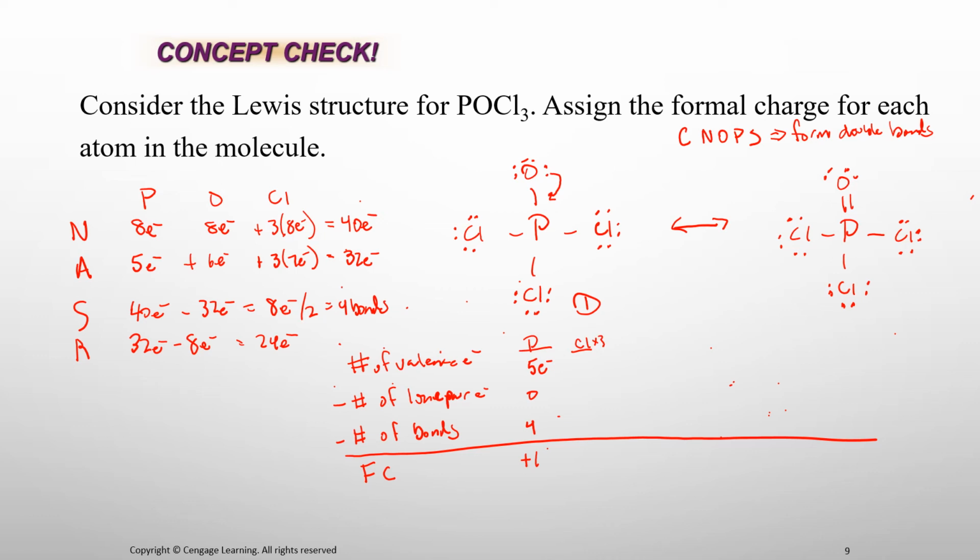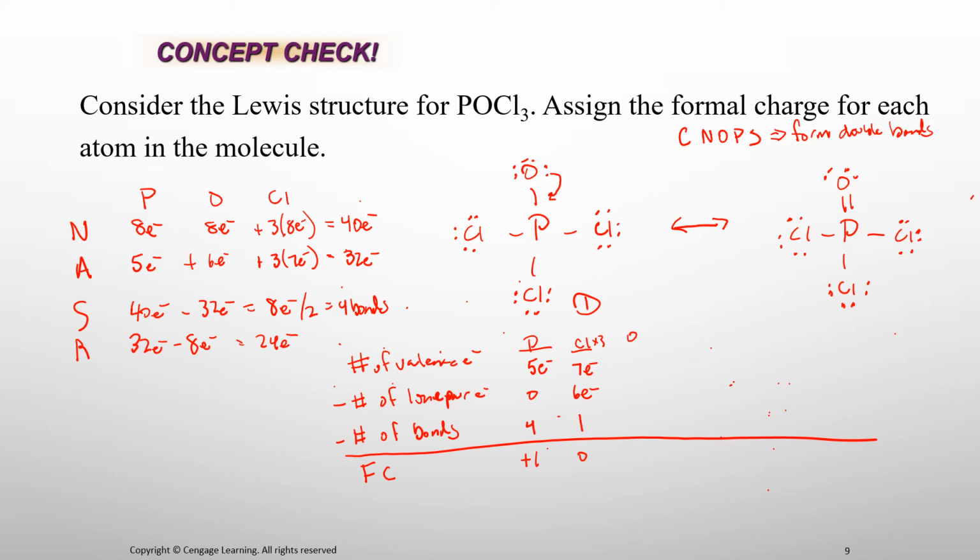So I have, in this case, 7 valence electrons. I have 2, 4, 6 for my lone pair electrons, and I have 1 bond. And so 7 minus 6 minus 1 is 0. So again, since I'm multiplying that by 3, 3 times 0 is still 0 anyway.